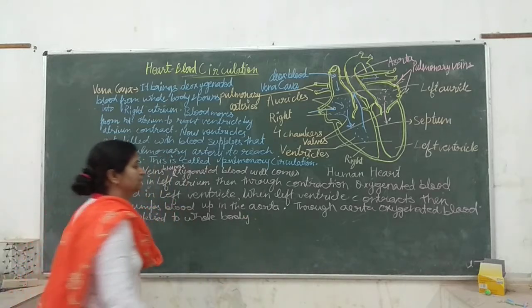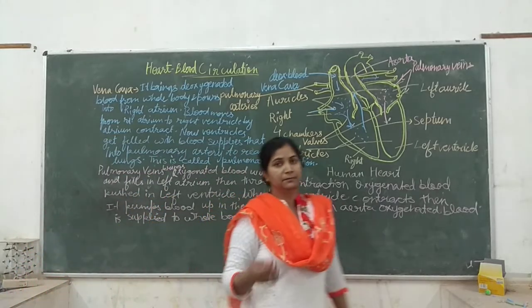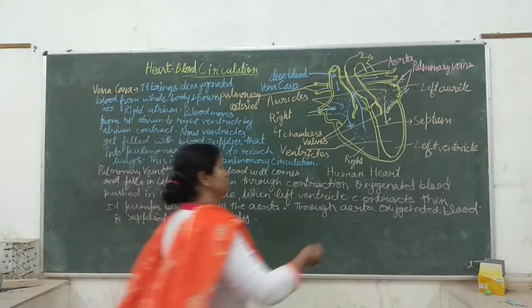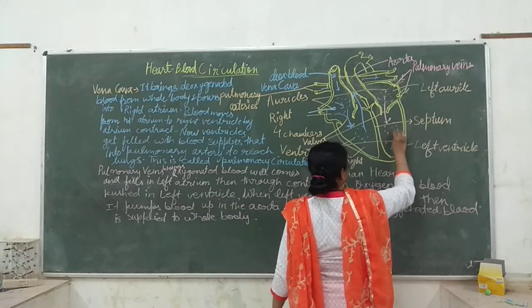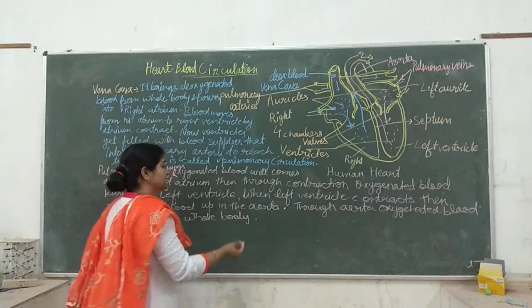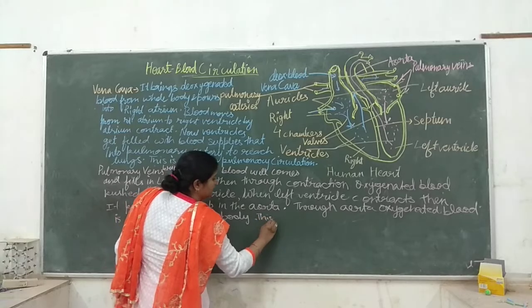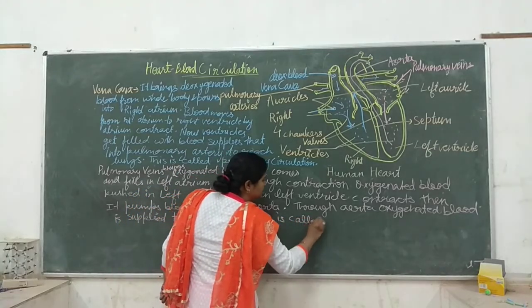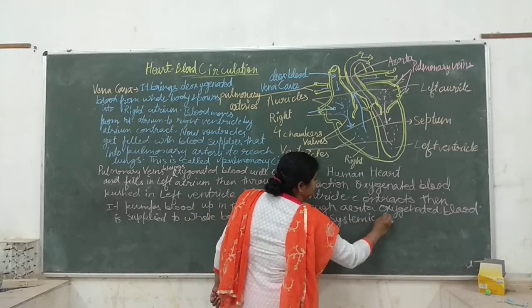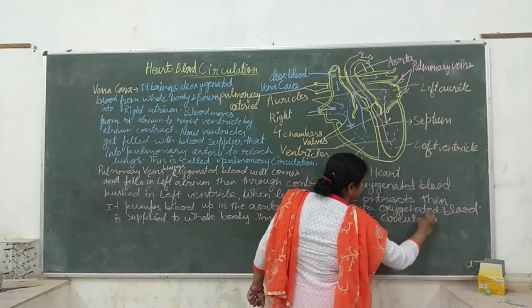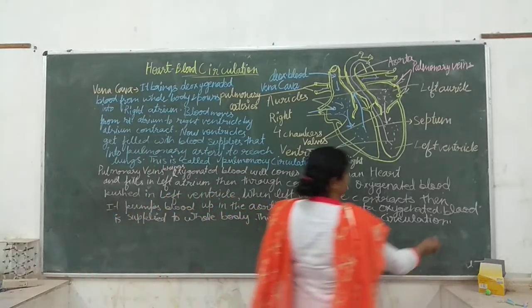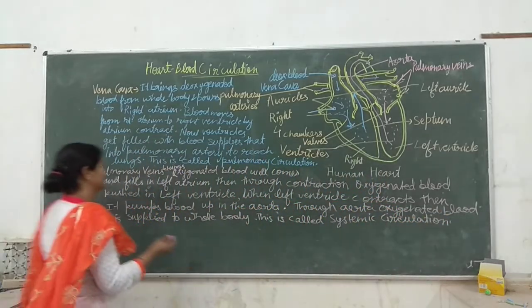So, from the lungs the oxygenated blood is coming and moving into the left side, and by the contraction of the left ventricle it goes through the aorta into the whole body. Because the blood now moves in the whole system, this is called systemic circulation. This is the second circulation which takes place in the heart.